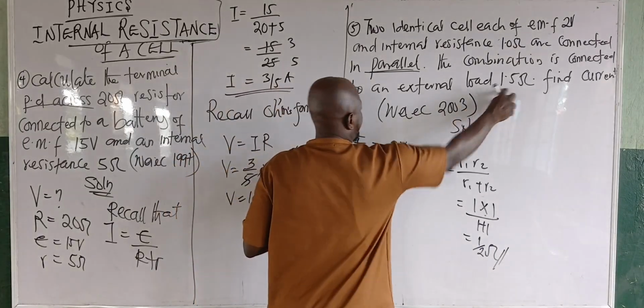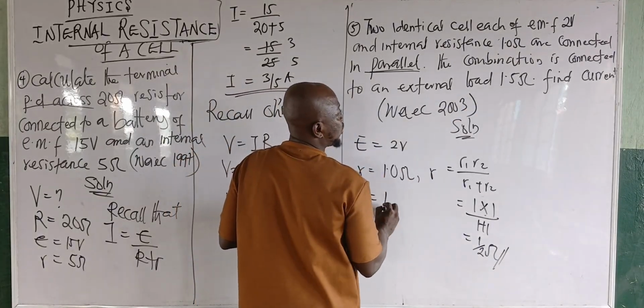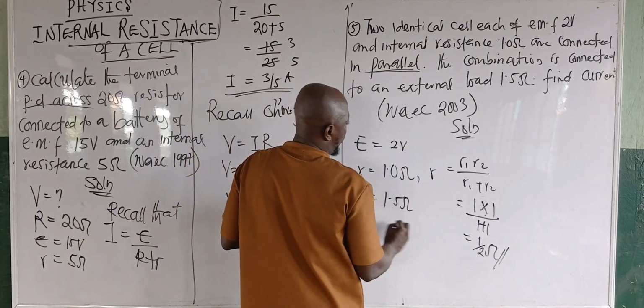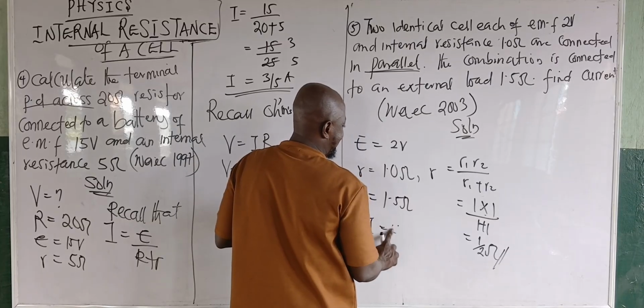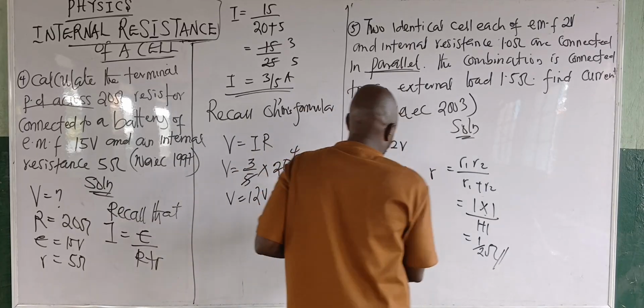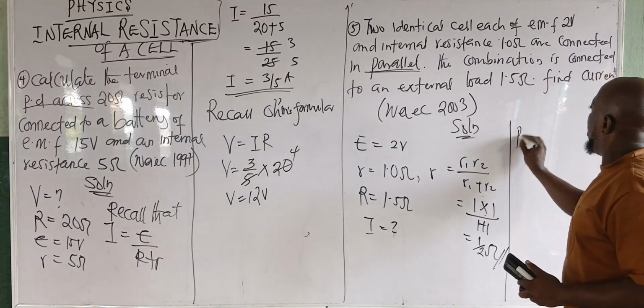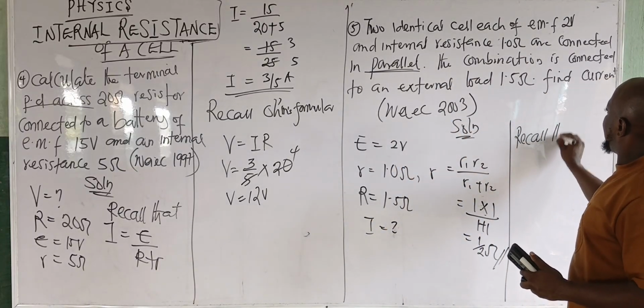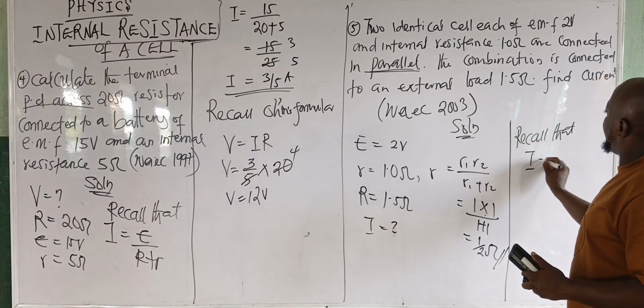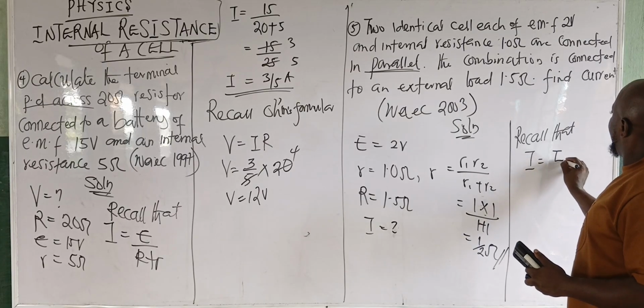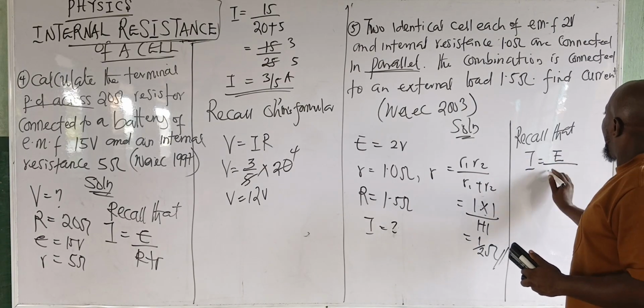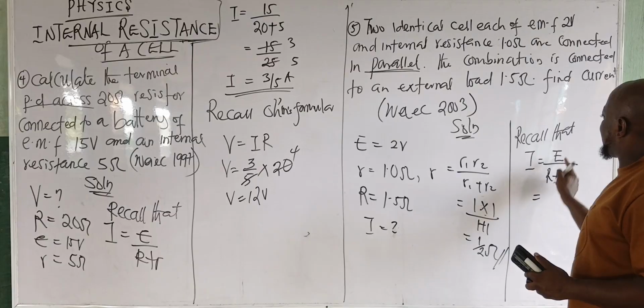They said it's connected to R, which has been given to be 1.5 ohms. We want to find the current. It's simple, guys. Recall that your current becomes E over R plus r. What is my E?